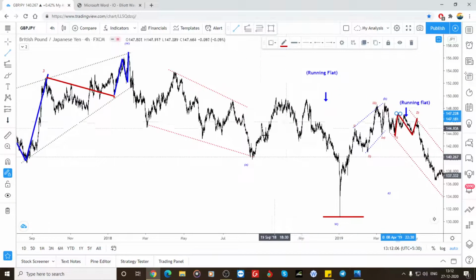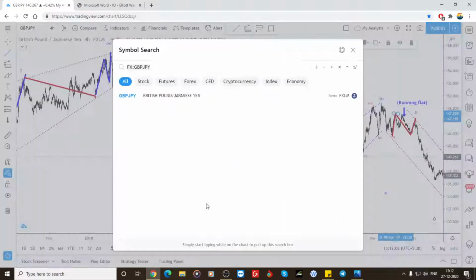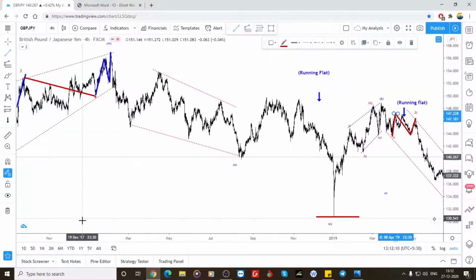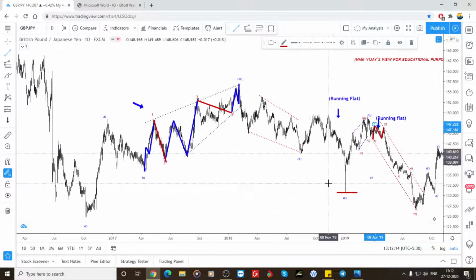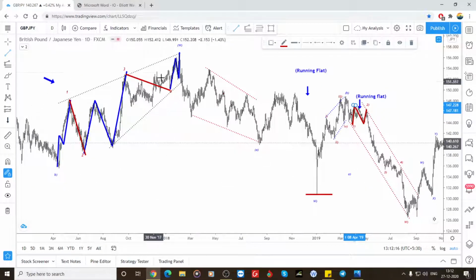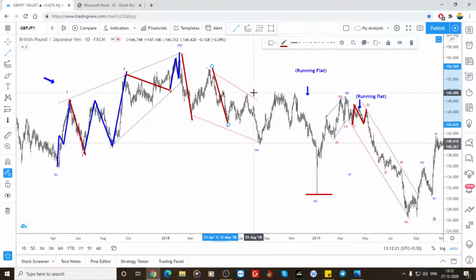And finally we will move on to the daily chart also. You may get the bigger picture. It's a running flat here. This is wave 1, this is wave 2, and this is wave 3. Sorry, this is wave 1, this is wave 3, and this is wave 5, and these intermediates are the correction part.